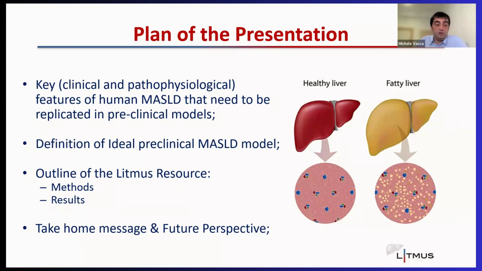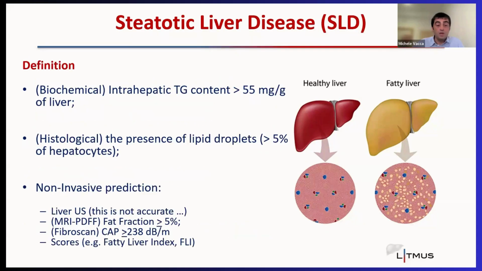And then I will present you an outline of the LITMUS resource we recently published with regards to methods and the results. Together, we will draw some take-home messages and future perspectives to then open up the discussion immediately after the talk.